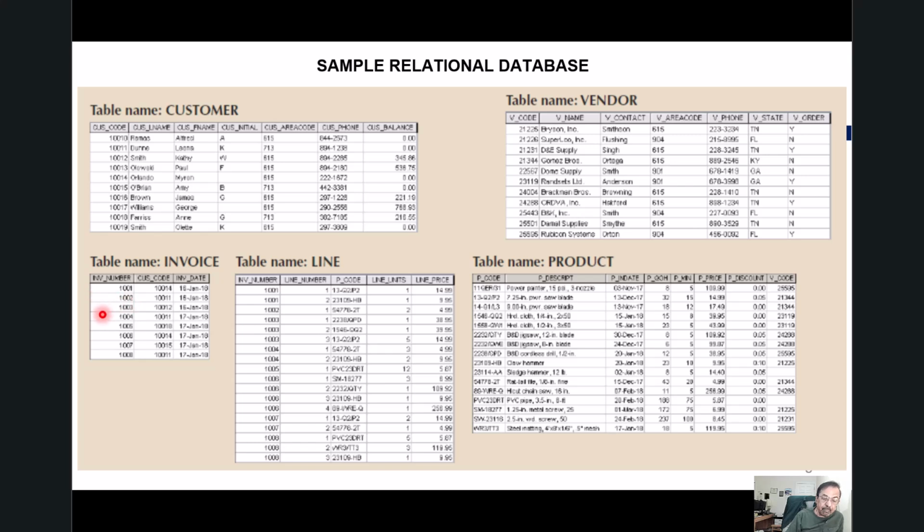Here's the first one, here's the second one, here's the third one. So I need to find out the dollar value for each of these invoices. I need to group these three records, isn't it? I need to create one group which contains the three records, and I need to add up the dollar amounts for those three. Typically, grouping is associated with aggregation operations. So this is an example of an aggregation.